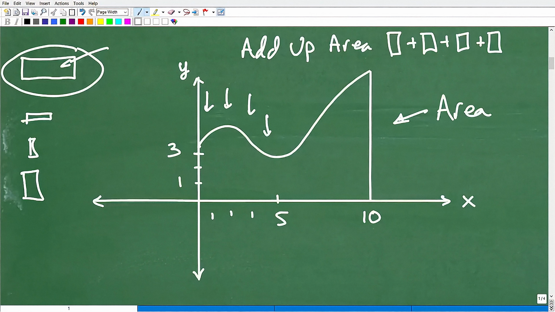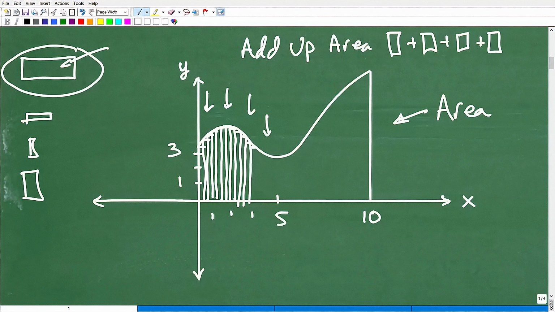Well, you guessed it, we can use skinnier, little, tiny rectangles, okay? Now, I'm not going to do this whole figure, but you could see here what I'm doing is I'm using real super skinny, thin, little rectangles, okay? They're still rectangles, and I still know how to find the area of a rectangle, all right?